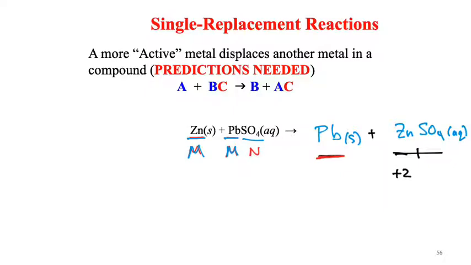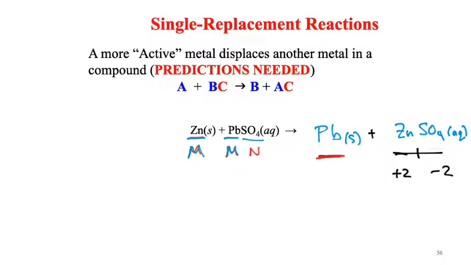So clearly it's balanced. No, okay. What else do we need? We would need to know the charge on sulfate. What is the charge on sulfate? How do you know it was a -2? I told you to memorize that. Why did I tell you to memorize that?